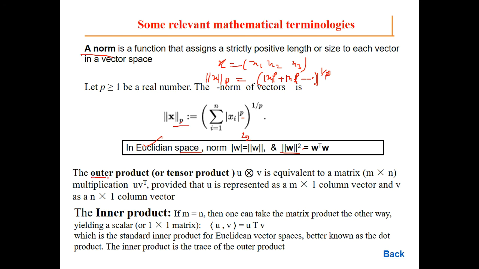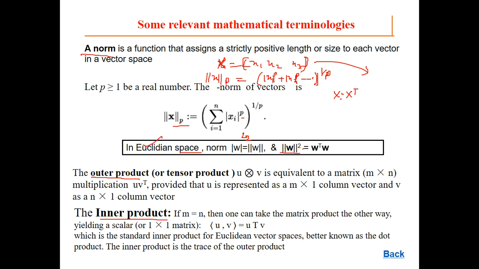There are two other important terms to understand. What is the outer product and the inner product? If x is a vector and you multiply as matrices, consider this is your x, so x into x transpose.